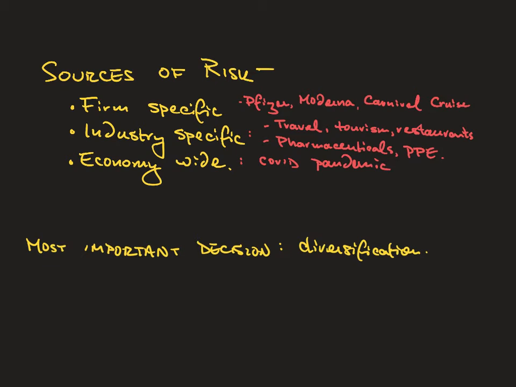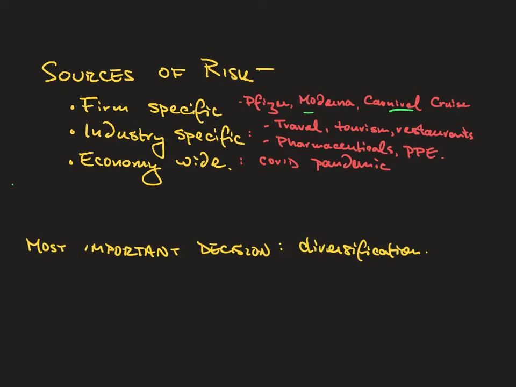We can classify the different risks as firm-specific, industry-specific, and economy-wide. Now, the idea behind diversification is that if you want to minimize your overall risk, don't put all your money into Carnival or all your money into Moderna, because you don't know what the risks are during the upcoming year.